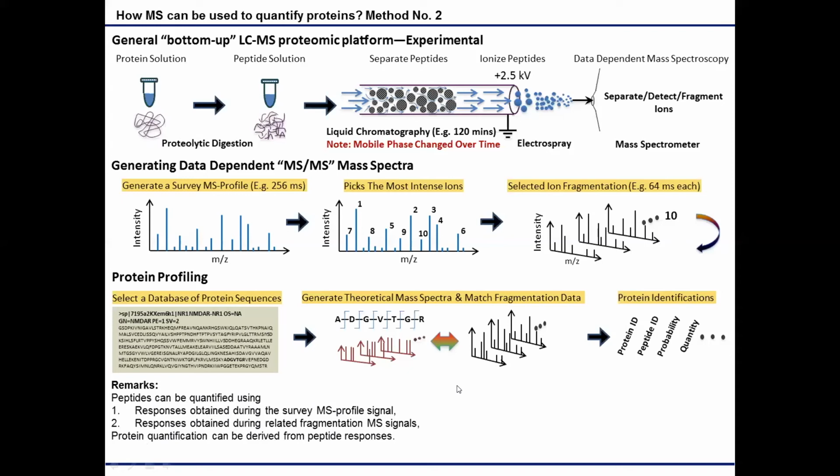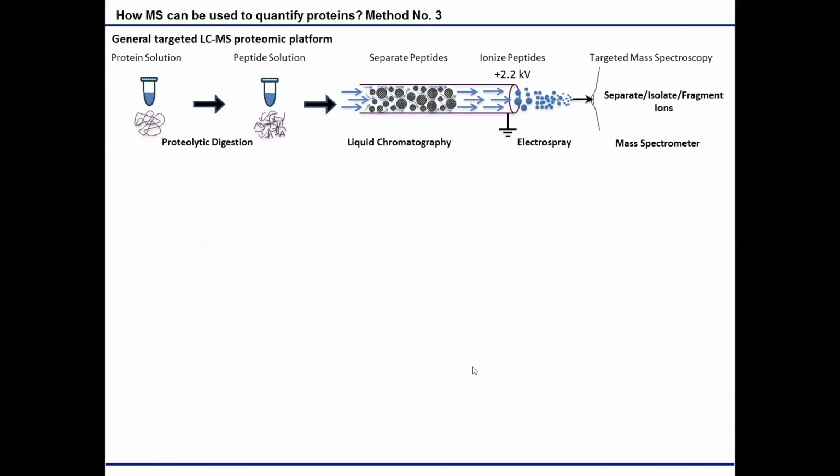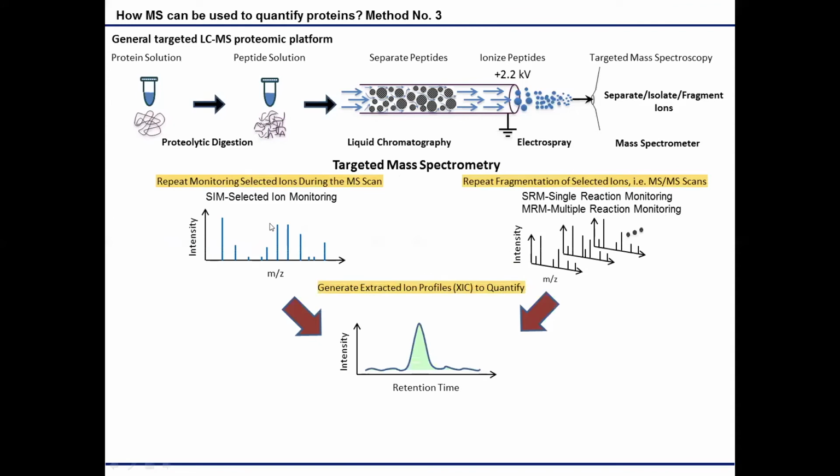Once you do this kind of exploratory experiment, there's another method called targeted mass spectrometry, where you repeat the exact same experiment, knowing that some peptides can be identified using the technology, and we can target those ions to monitor only a single ion or its fragmentation ion.